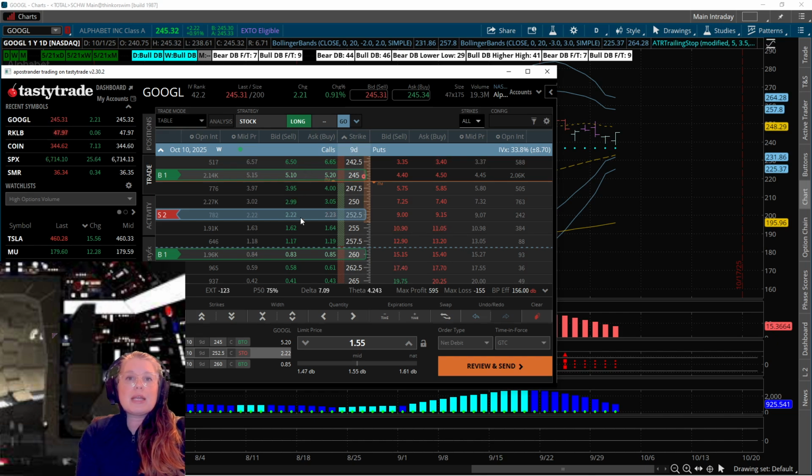If this butterfly closes completely out of the money, I technically won on the credit spread and I lost on the debit spread. If this trade goes completely in the money, meaning Google is above 260 by next week's expiration and I haven't closed out of it before then, I win on the debit spread, but I lose on the credit spread, right? Because debit spreads you want in the money, credit spreads you want to keep out of the money.